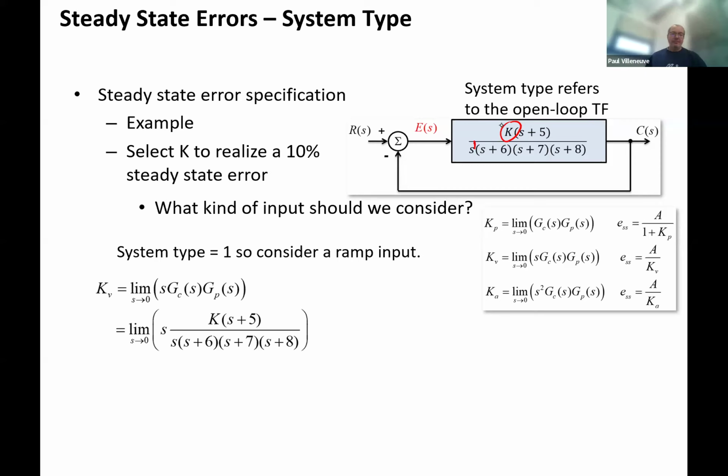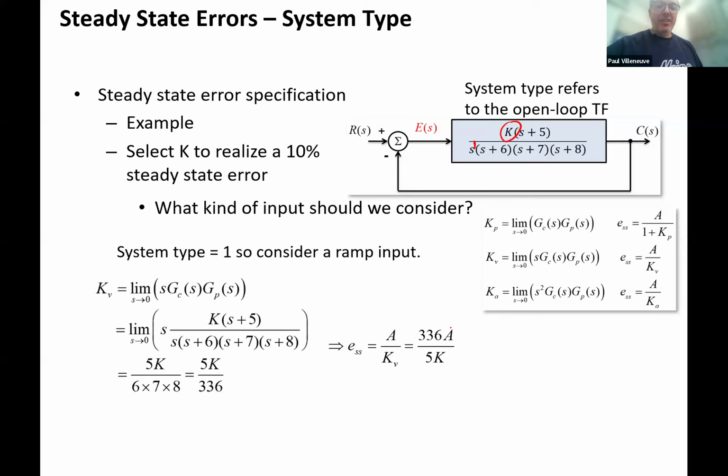So I can see I'm going to cancel out my s term, and I'm going to allow my limit. So I have 5K over 336, right? It's just 6 times 7 times 8. That has to be less than or equal to, well, the steady state error has to be less than or equal to 10%. So that 1 over K sub V has to be less than 10%.